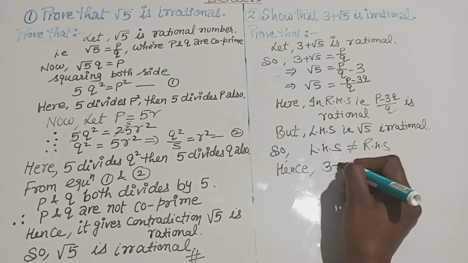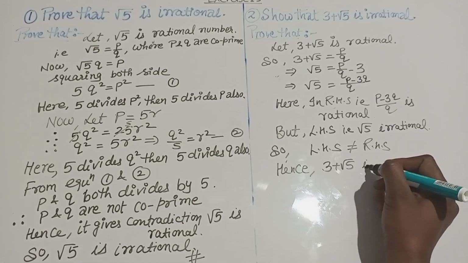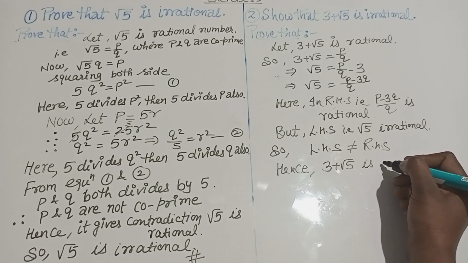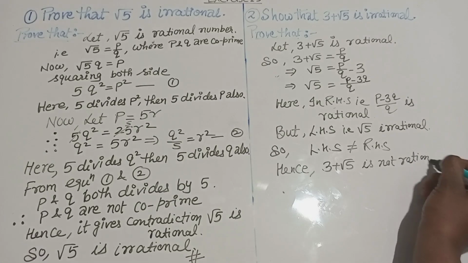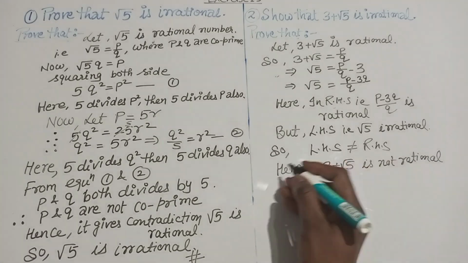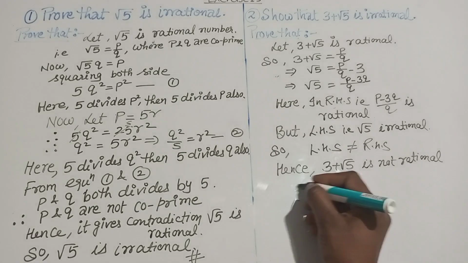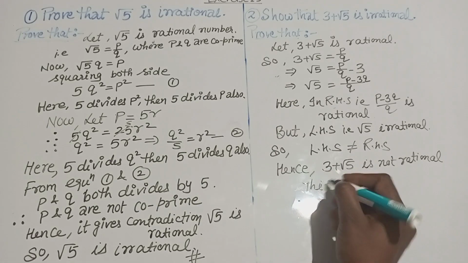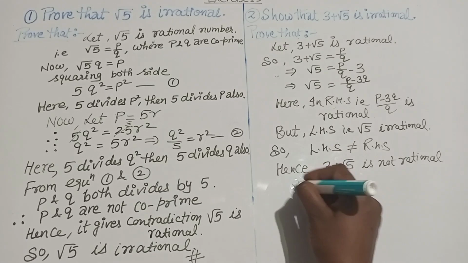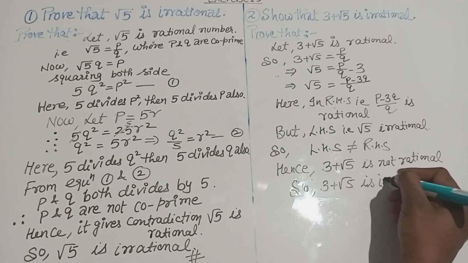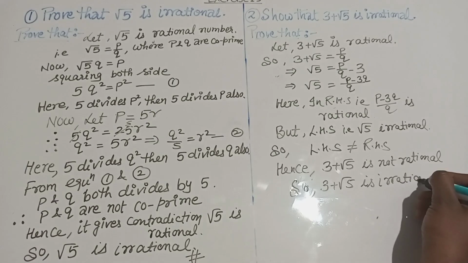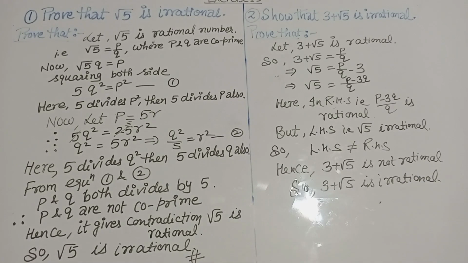Hence root 5 is not rational, so 3 plus root 5 is irrational.